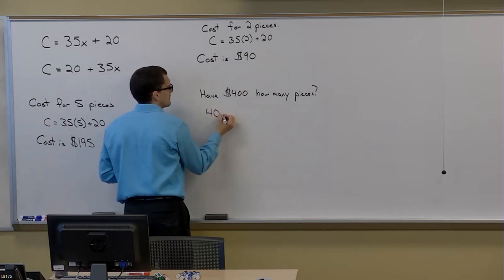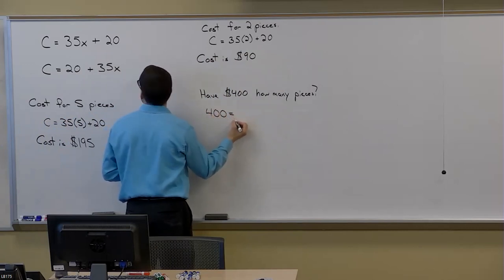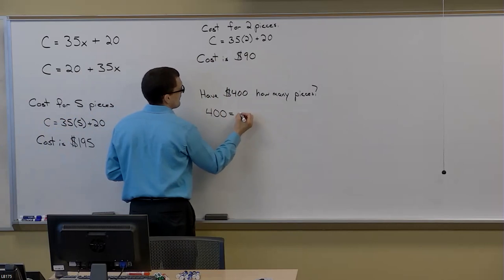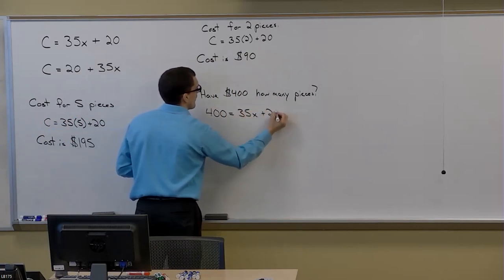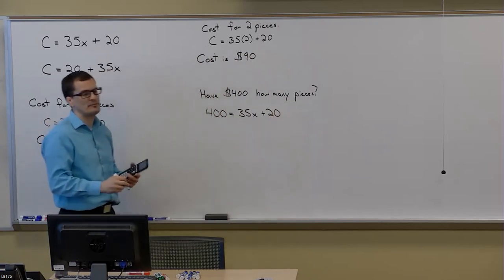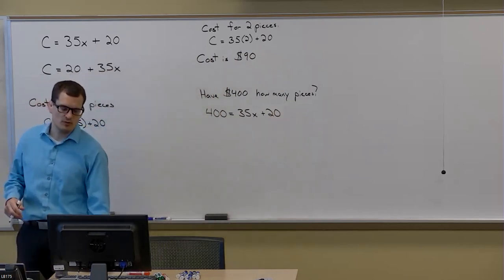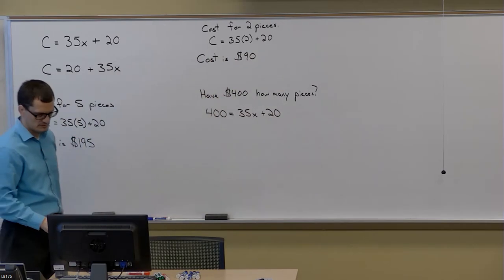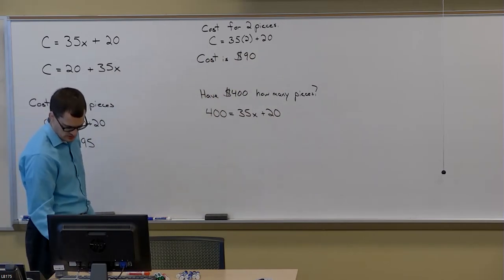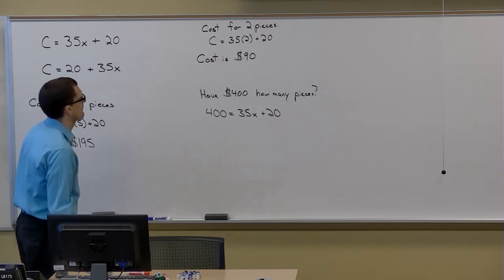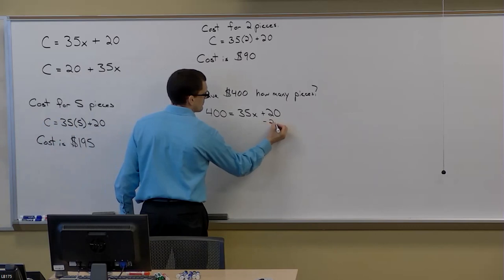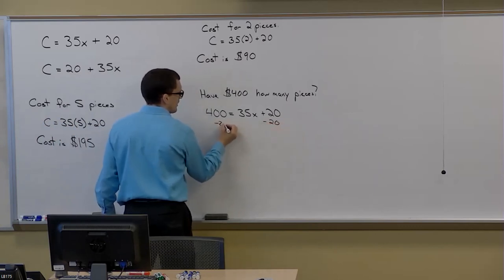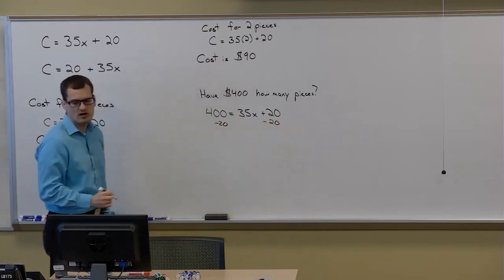The last part of this problem says how many pieces could be picked up with $400. So we would subtract 20 from both sides after we plugged in the 400 as our cost.